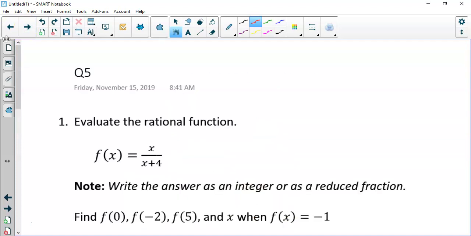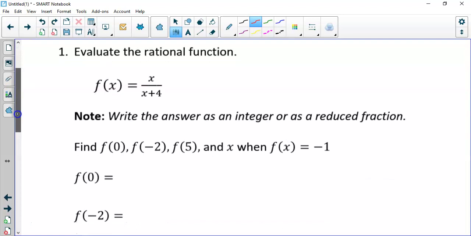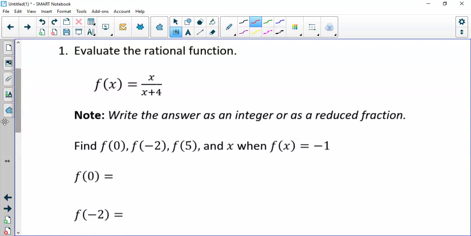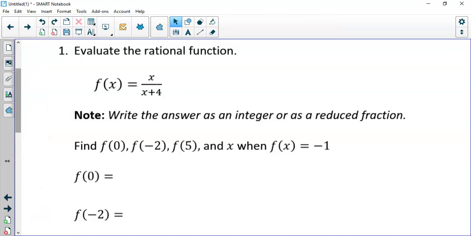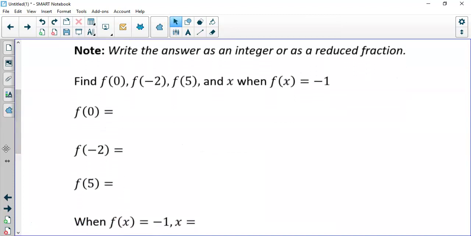Really easy. All right, so right here, we're going to evaluate. So all they want you to do is what with these numbers that are right here? That's your x.